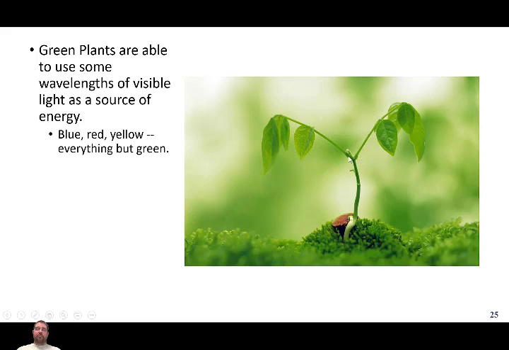But let's say you walk up to a plant and the plant's leaves are not green, they're red. Then you would know that all the parts of the spectrum besides red are being absorbed. Same thing with flowers. So you walk up to a plant and you see the petals of a flower, maybe they're yellow. Everything besides yellow is being absorbed. And in many cases, that absorption of all those other photons is being utilized to drive work or to make chemical energy.